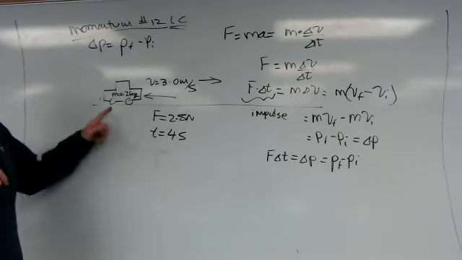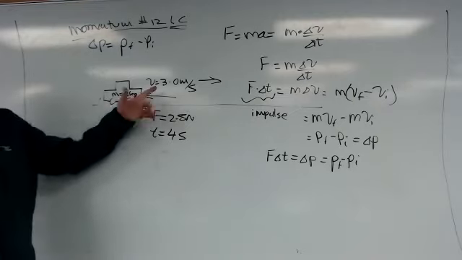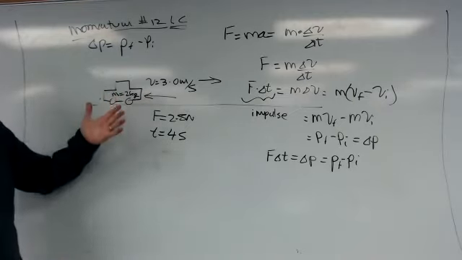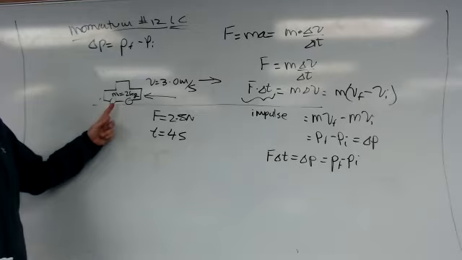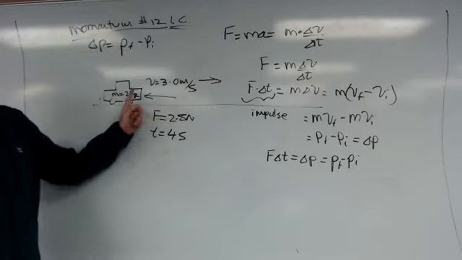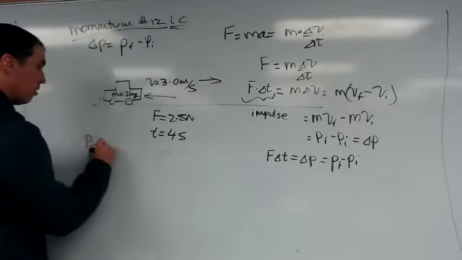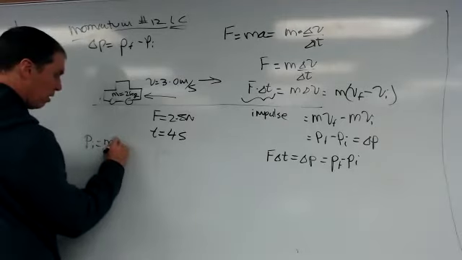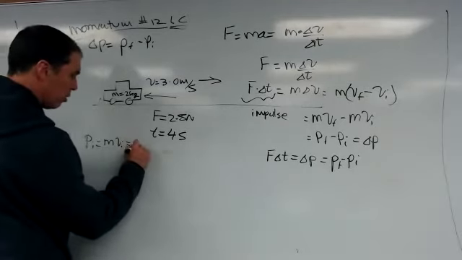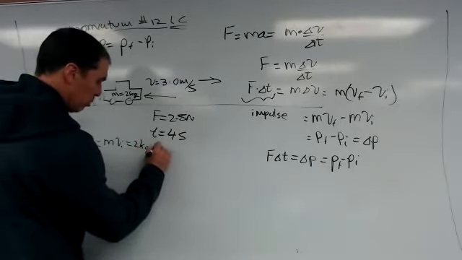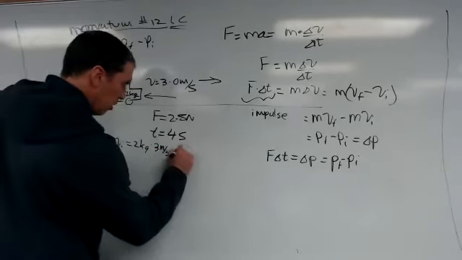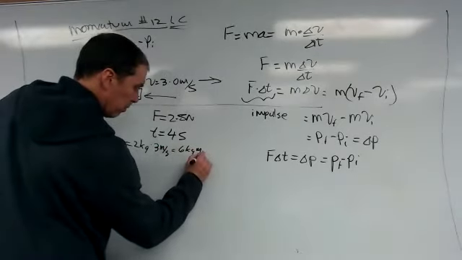Mass times velocity. Yeah, here's the mass, here's the initial velocity. The car's minding its own business, rolling across the little kid's floor at 3 meters per second. Its mass is 2 kilograms, right? And so P initial is equal to m v initial, which is 2 kilograms times 3 meters per second, which is 6 kilogram meters per second.